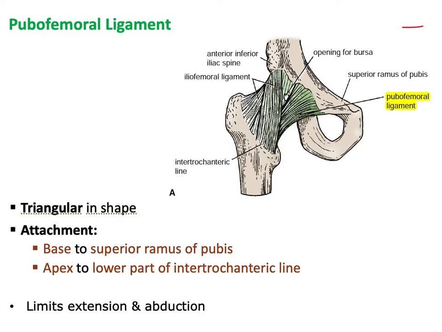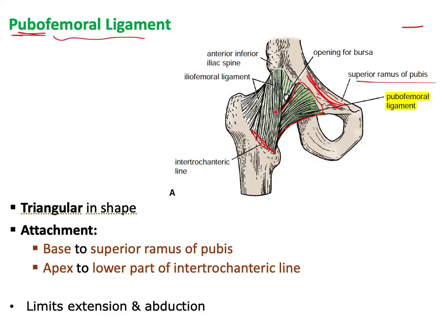There is another ligament, as we mentioned, the pubofemoral ligament. This is the pubofemoral ligament, as you see here, which is also triangular in shape, in which the base attaches to the superior ramus of the pubis, because it's a pubofemoral ligament. So this is the base, and its apex is attached to the lower part of the intertrochanteric line, just deep to the iliofemoral ligament.